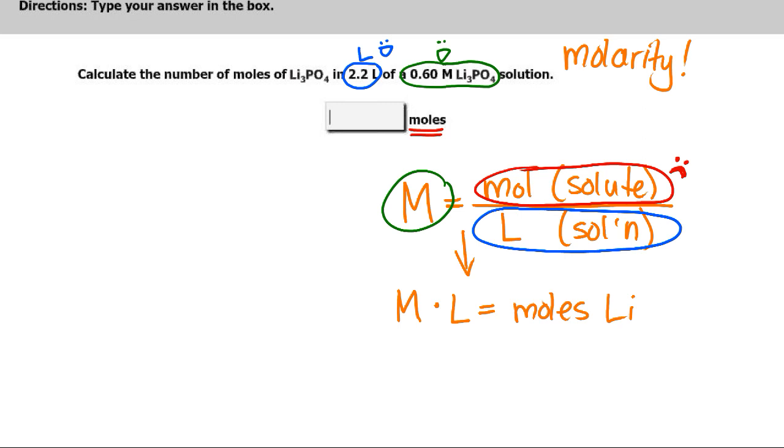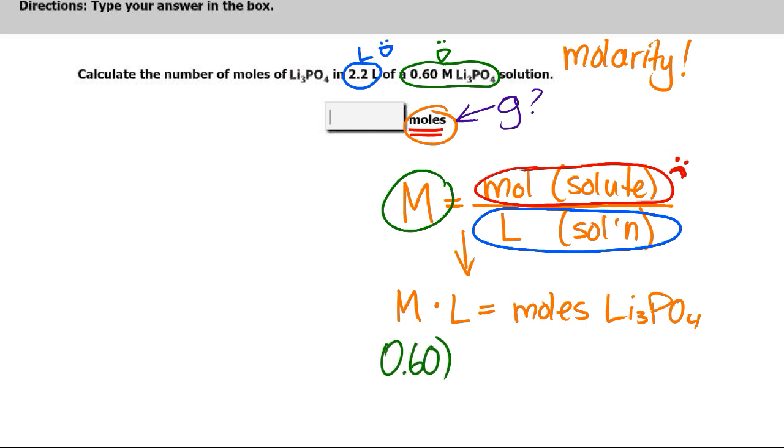It does not matter the molar mass of lithium phosphate because we're solving for moles. If we were asked to solve for grams, we'd have to use the molar mass once we found the moles. But this problem is actually simpler than most molarity problems we did in class. 0.60 molar is the solution molarity. The volume of the solution in liters, no conversions required from milliliters or vice versa, is 2.2.